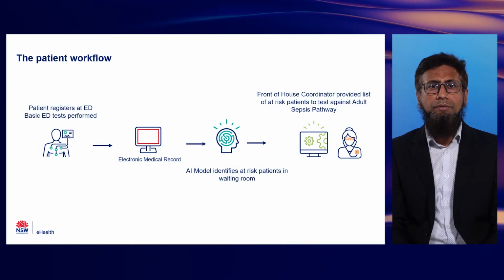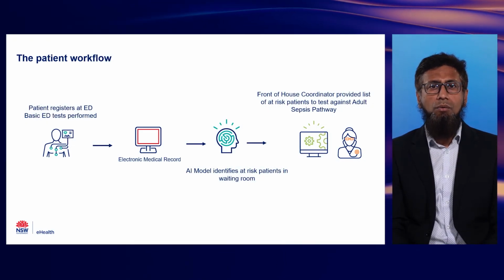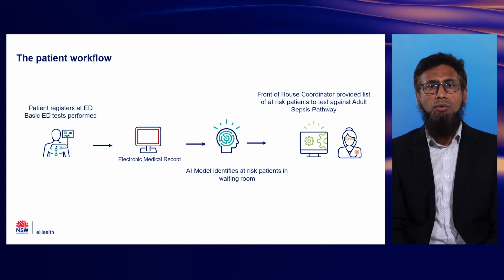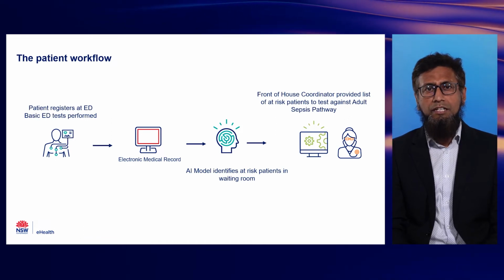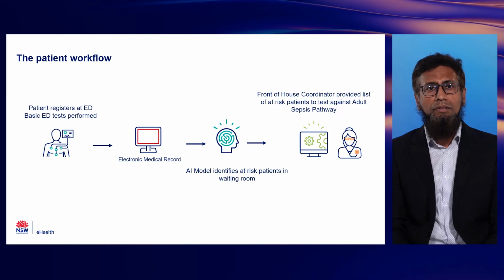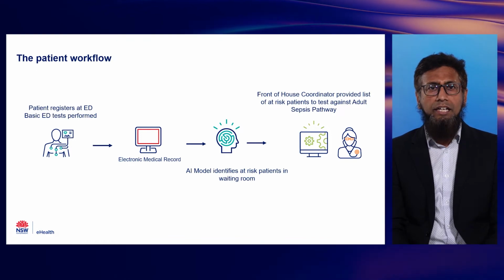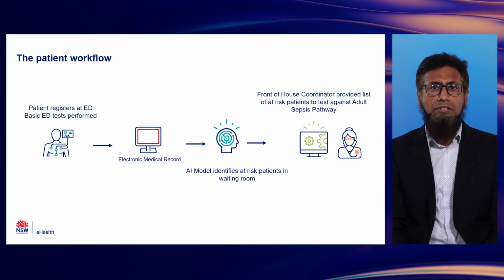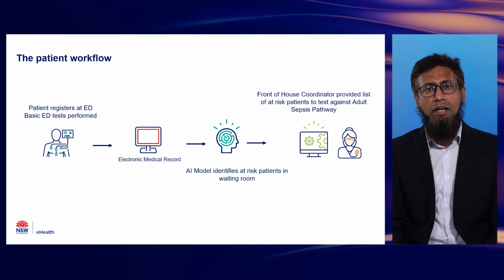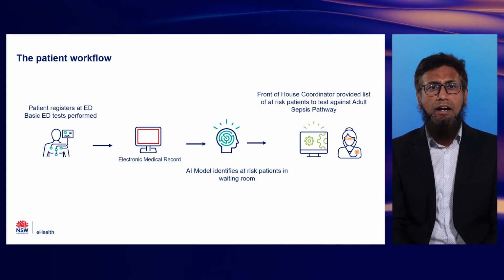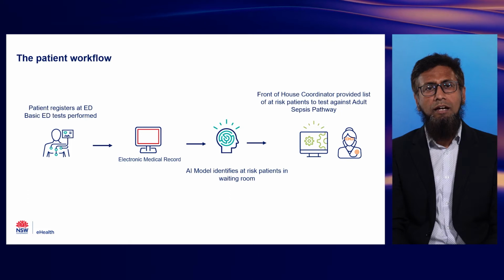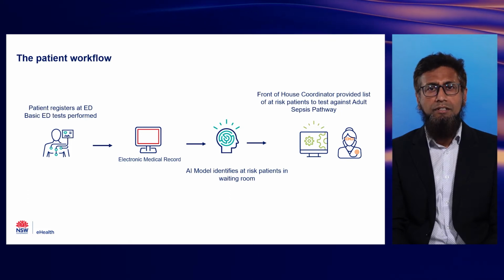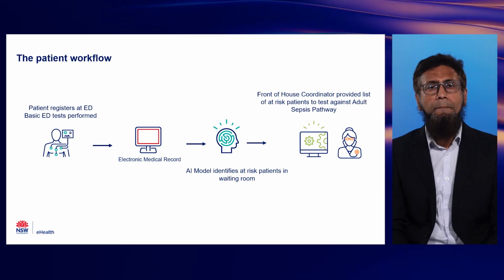I'm going to provide a brief workflow of the patients within an ED along with the AI-driven predictive sepsis system. As a patient arrives at the ED, usually a triage nurse consults with the patient, checking the patient's vitals like heart rate, oxygen saturation, blood pressure, temperature, etc., and their presenting condition.